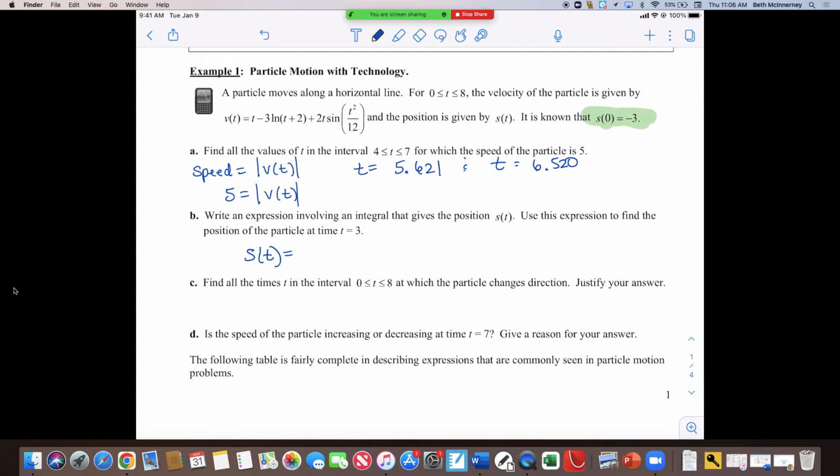The position is going to be, and remember we used our green highlighter here, the initial position s of 0 is -3. So I need -3 plus the integral from 0 to t of v of, now I can't do v of t again, I have to use a different variable because then you're going to plug in t in the x position.